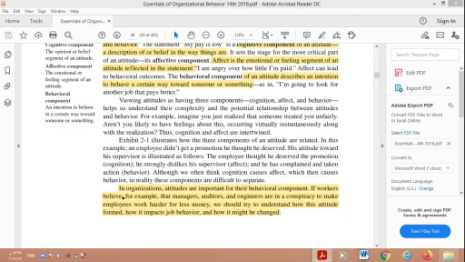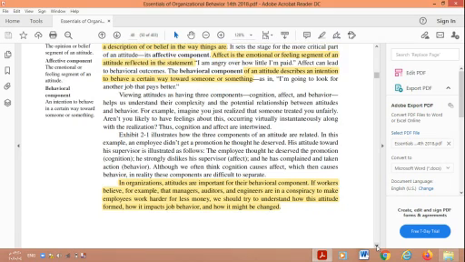If workers believe, for example, that managers, auditors, engineers are in conspiracy to make employees work harder for less money, we should try to understand how this attitude forms, which refers to a cognitive component, how it impacts job behavior, which refers to a behavioral component, and how it might be changed or modified.